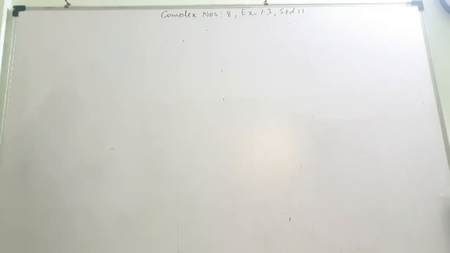Find z and verify the following. Find z bar. The remaining two questions you can do yourself. Those are not very difficult questions. Or if the time permits, I will do those questions. Otherwise, I will go for the cube roots of unity, the next topic. This is lecture number 8, so in lecture number 9 we will go there.